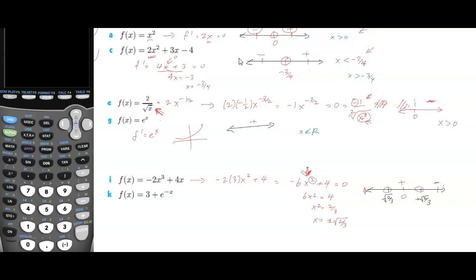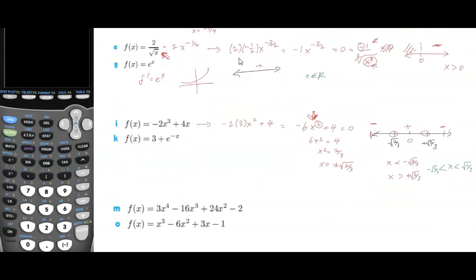Multiplied by negative 6, it would be a negative also. So we have decreasing below negative square root 2/3, decreasing above positive square root of 2/3, and increasing in between the two. So increasing between negative square root of 2/3 and positive square root of 2/3. Okay.